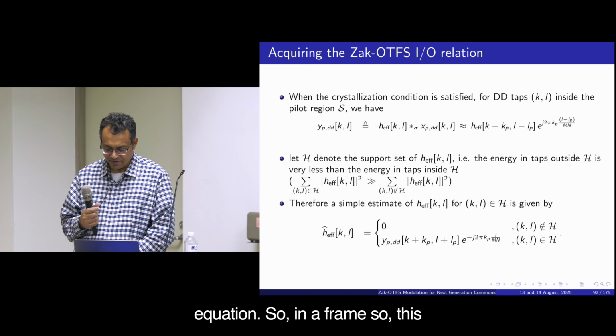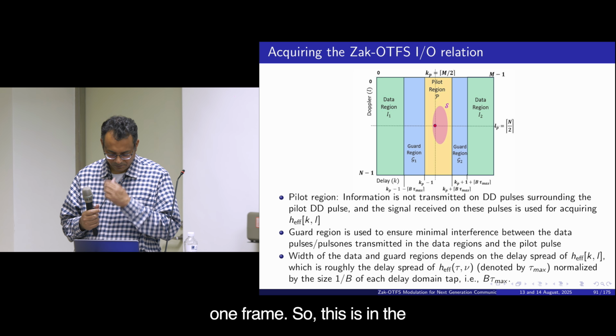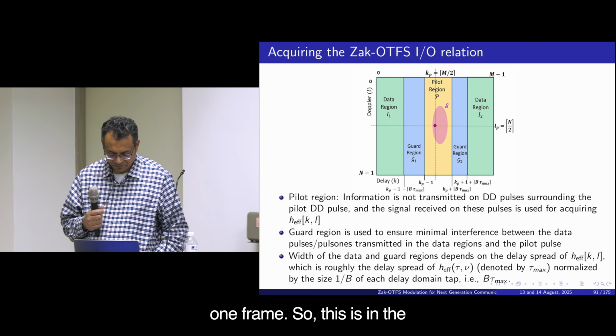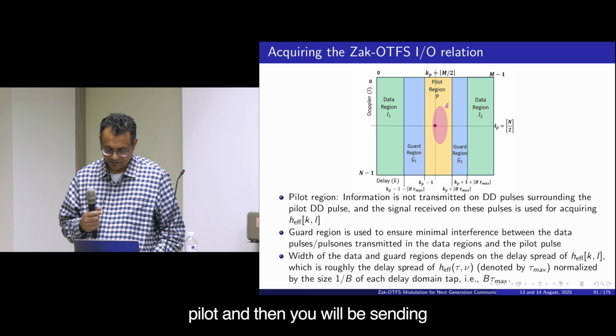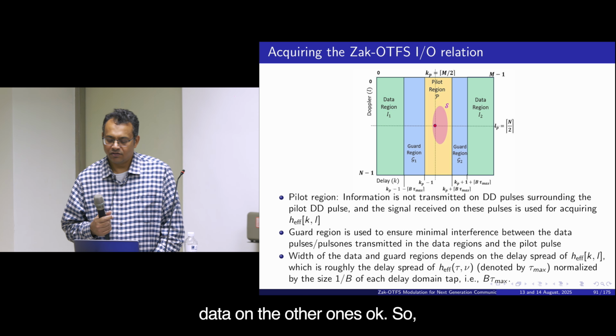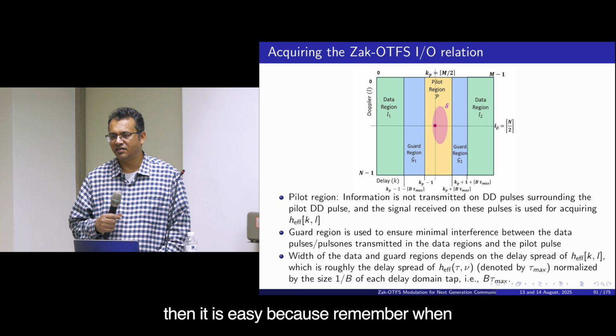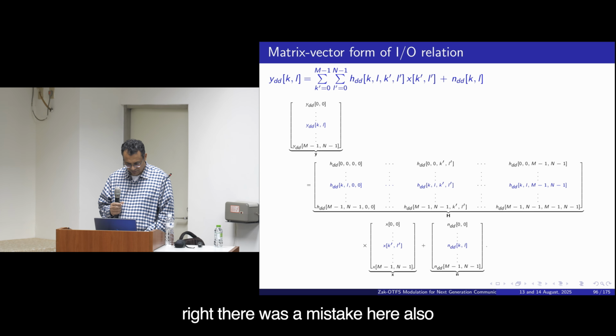In a frame, so what I have shown here is basically one frame. So, this is in the discrete Doppler domain, right. This is your pilot, and then you will be sending data on the other ones. Okay. So, once you are able to estimate this, then it is easy, because remember, when you look at the matrix vector formulation, right, there was a mistake here also.